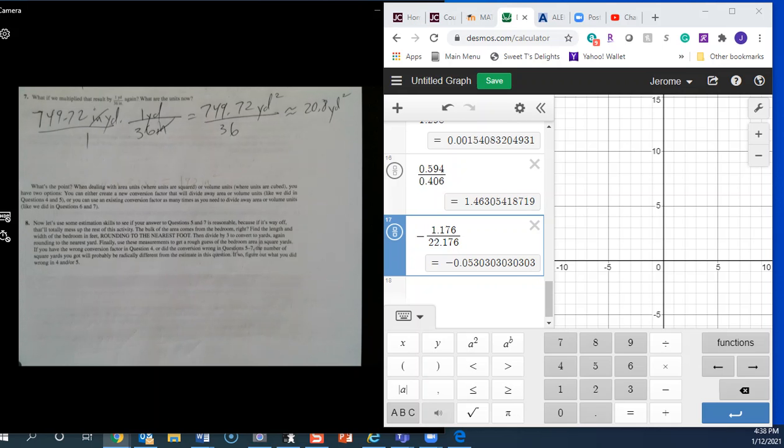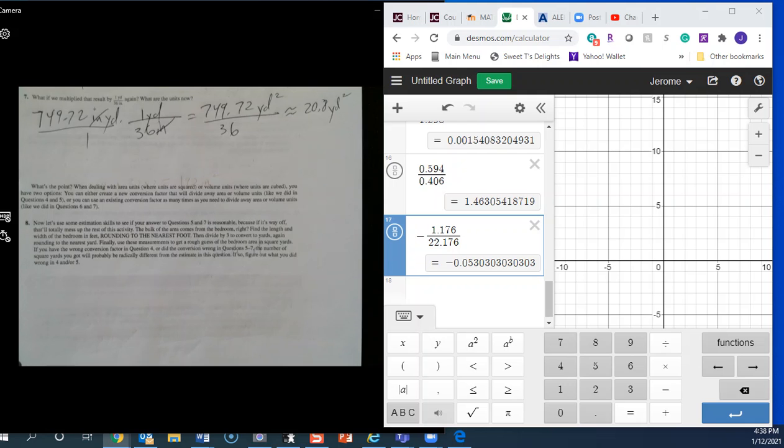Again, round it to the nearest yard. Finally, use these measurements to get a rough guess of the bedroom area in square yards. If you have the wrong conversion factor in question 4, or did the conversion wrong in questions 5 through 7, the number of square yards you got will probably be radically different from the estimate in the question. If so, figure out what you did wrong in 4 and or 5.